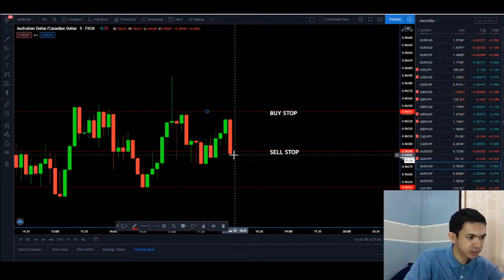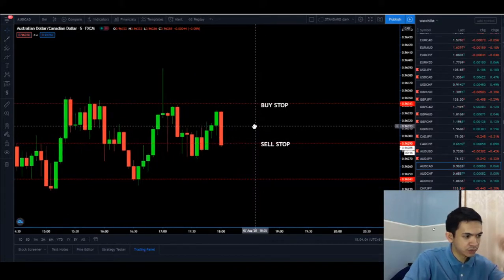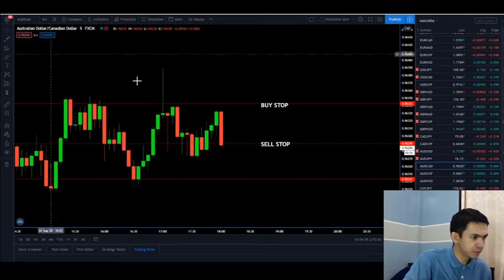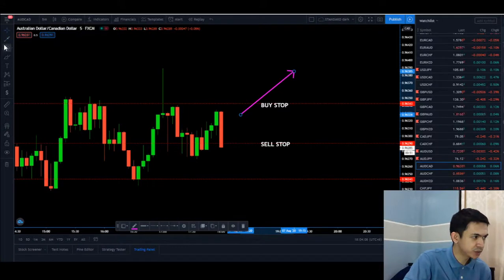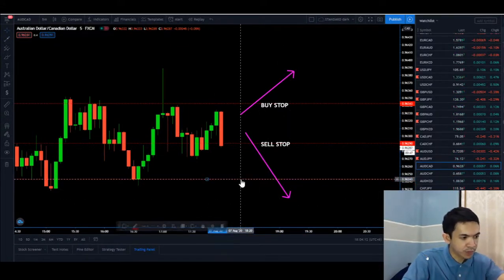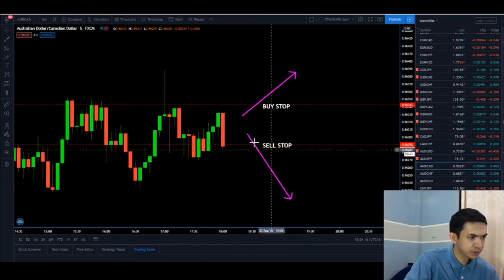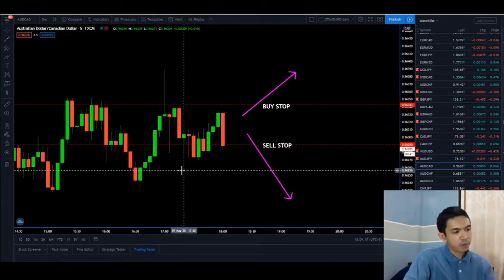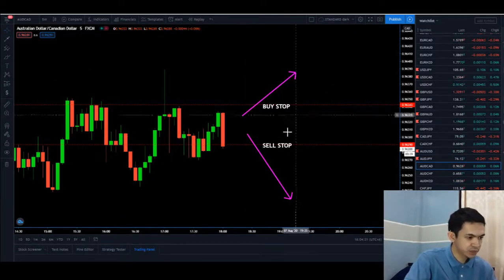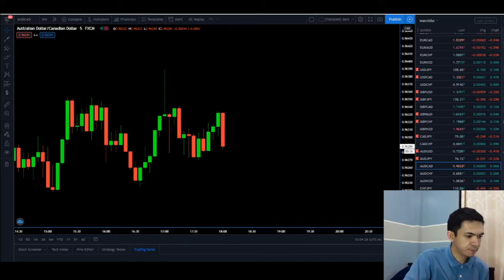So in this case, if my sell stop is triggered, I'm anticipating the price to move down, so I will cancel this buy stop order. So again, that's the use of buy stop and sell stop orders: anticipation of continuous price movement up or down. You're squeezing the price because you don't know where it is going. So that's the logic of buy stop and sell stop orders.